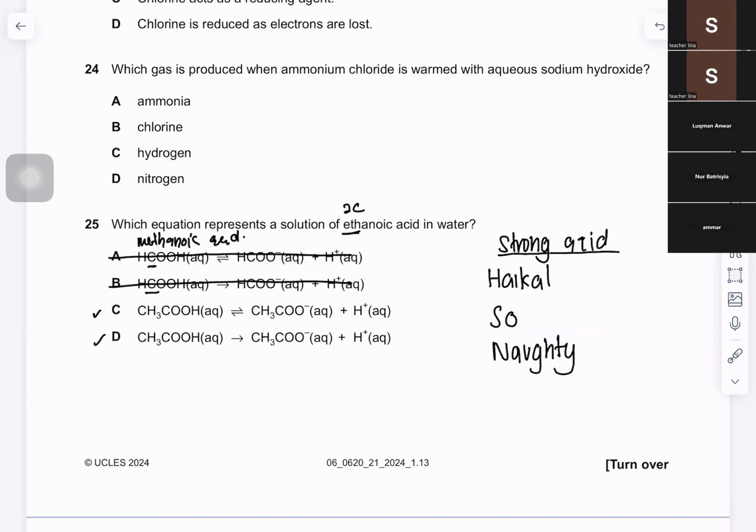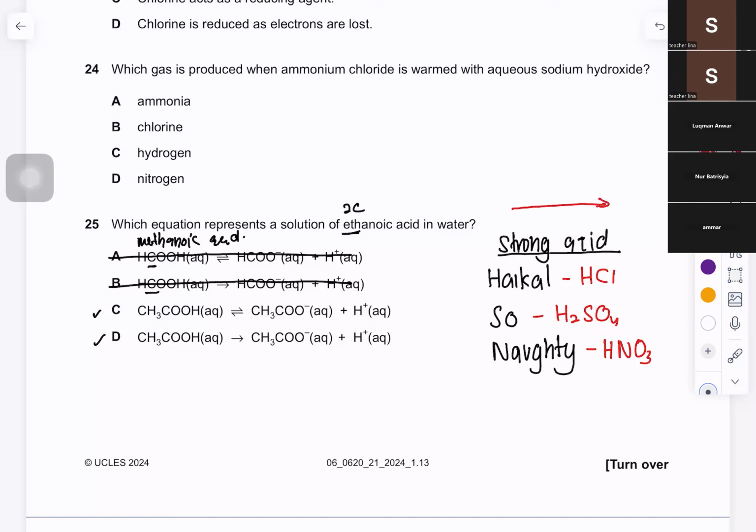Only these three are strong acids: HCl, hydrochloric acid; H2SO4, sulfuric acid; and HNO3, nitric acid. Other than that is a weak acid. Okay, other than that is a weak acid.